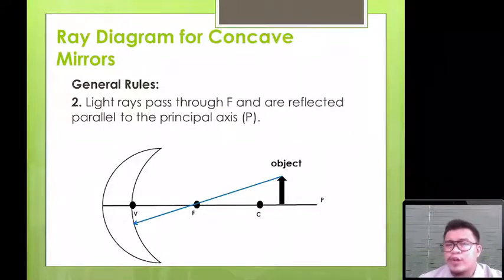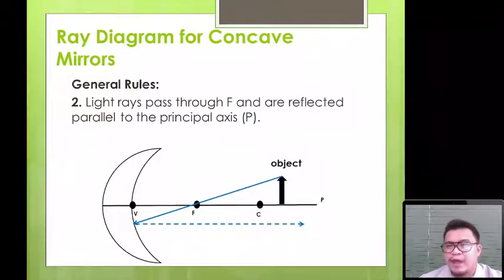And of course, you always let it reach the surface of your mirror. Okay? So as it passes through the focus and reaches the surface of the mirror, it is reflected parallel to the principal axis, which is your P in your diagram. So that's how we are going to interpret this second rule.